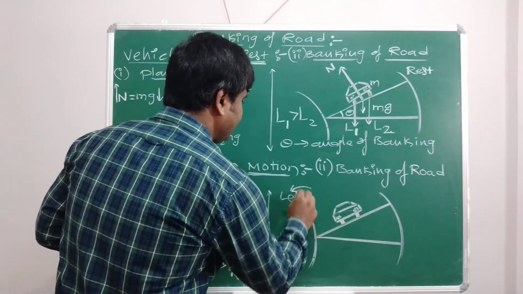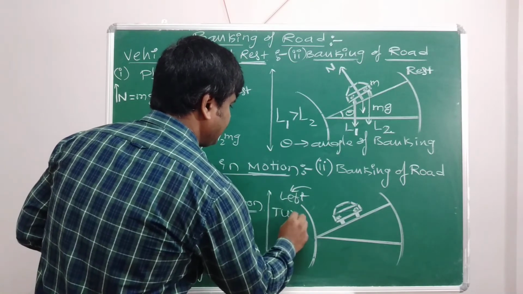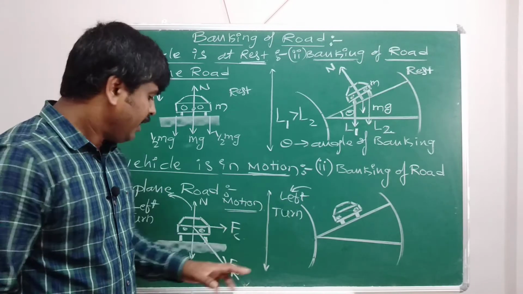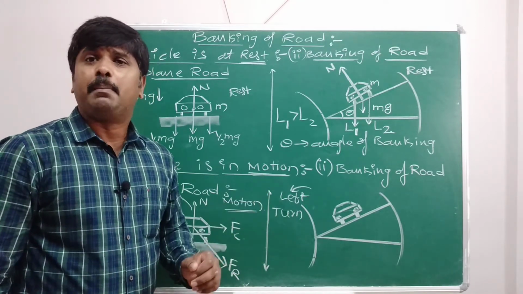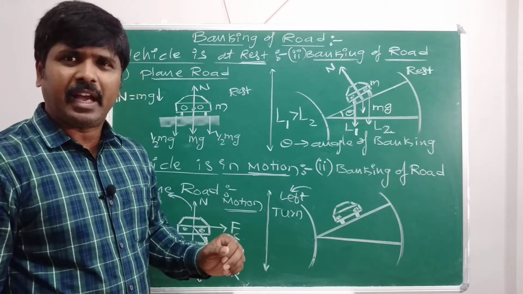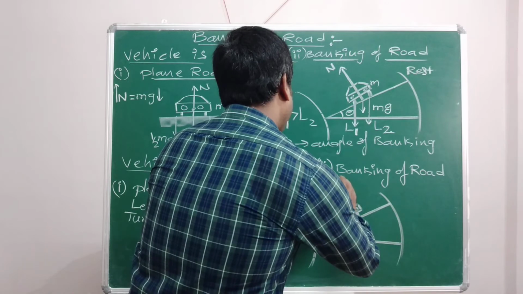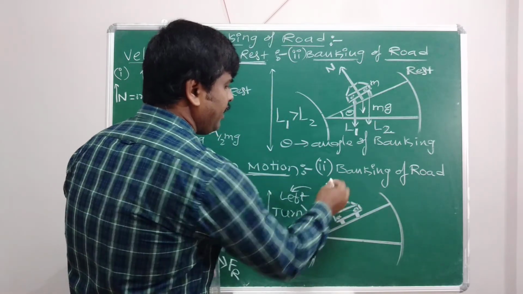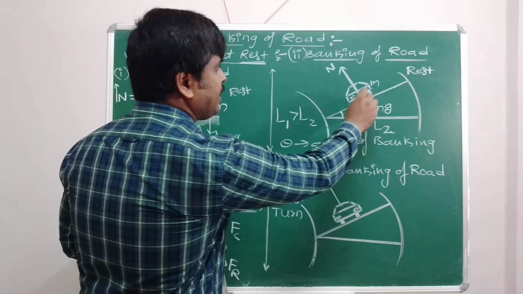Okay, on the banking of road, for a left turn on the banking of road, here the resultant force will be balanced by the component of normal reaction. See, this is the normal reaction, which is perpendicular to the inclined plane. Always normal reaction is perpendicular to the surface, clearly given here.